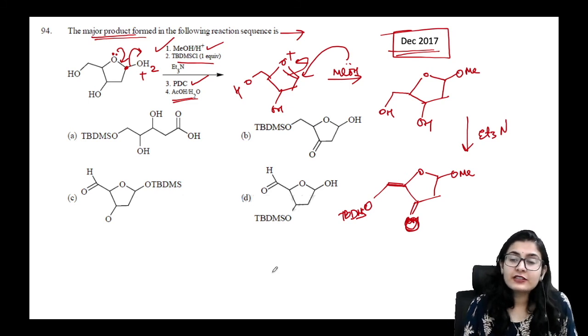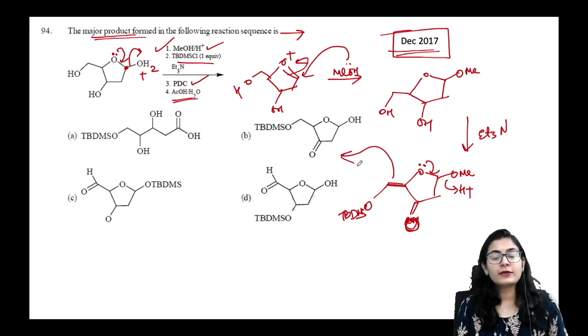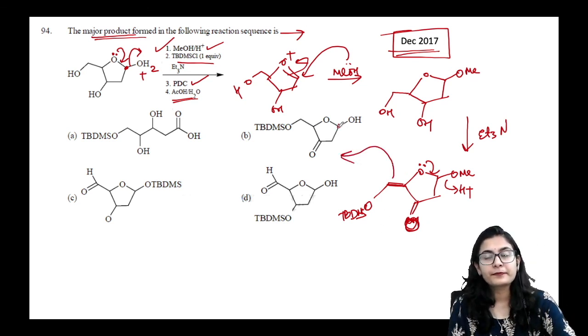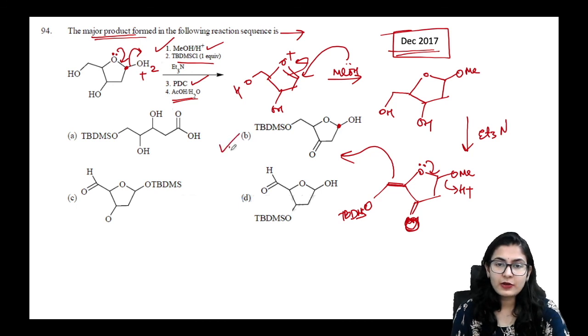Acetic acid is an acid once again, so it is going to remove this methoxy in the presence of an acid, and it is going to bring back your molecule like this. Okay, the acetal position is free now. Yes, so I just hope that this makes sense to all of you.